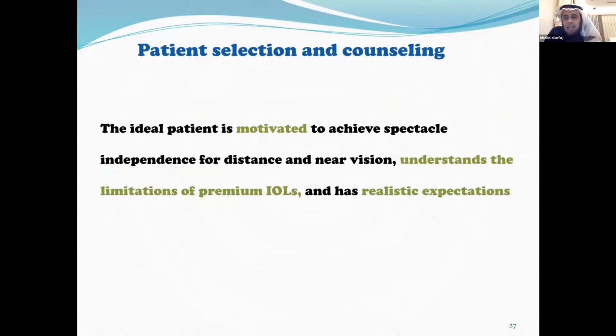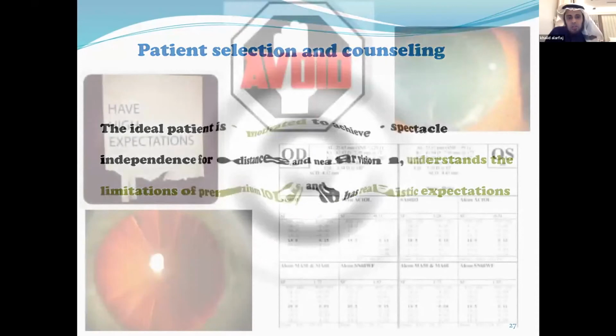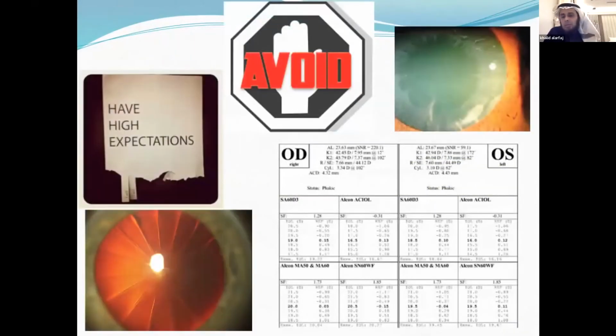Patient selection, as mentioned, is a very important step in giving the success story about the premium lens, and we need really motivated patients to give them these types of lenses, and they should understand the limitations of premium lenses and have realistic expectations.